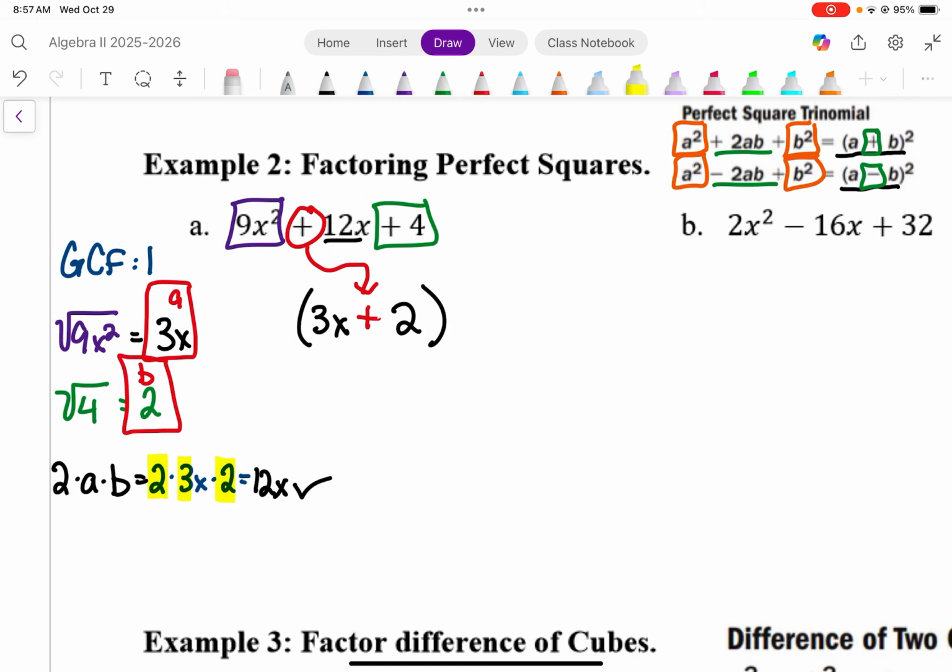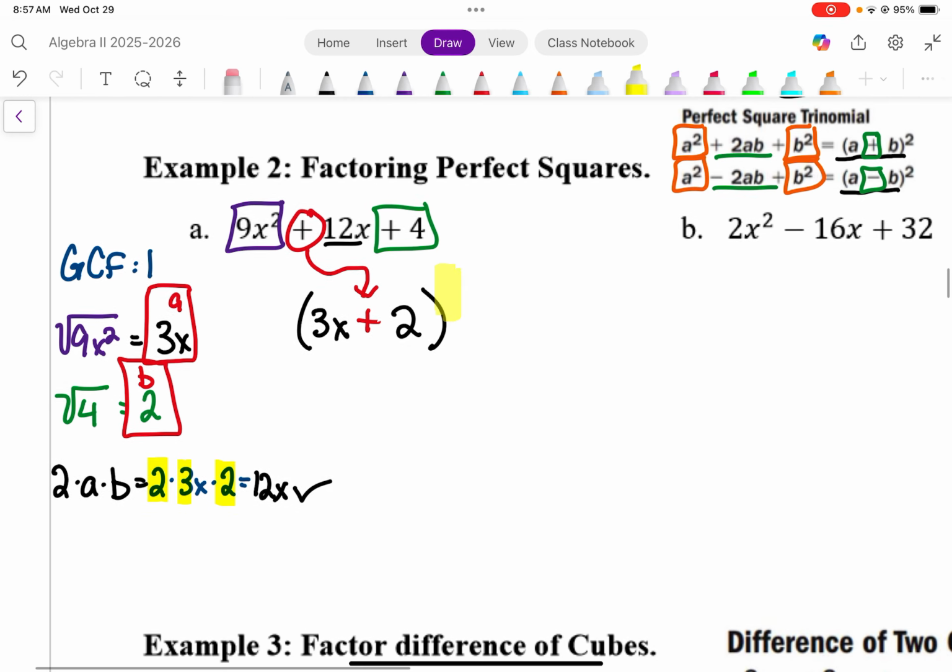One thing that is super important that you do not forget: 3x plus 2 is not equal to 9x squared plus 12x plus 4, unless you put a squared out here. If you forget that squared, your answer is wrong. You need to make sure you put that squared on your parentheses, on the outside. Once you have that, that is your final answer.